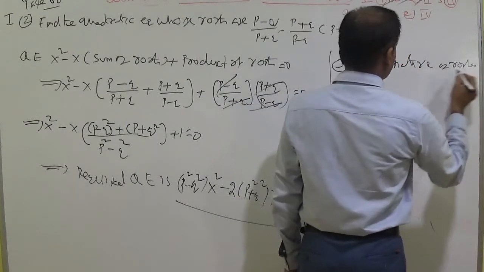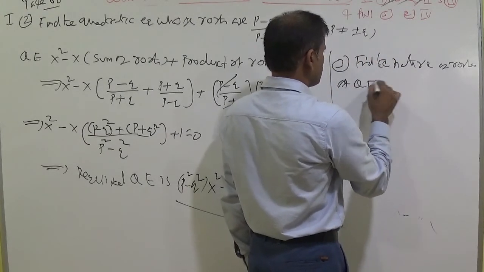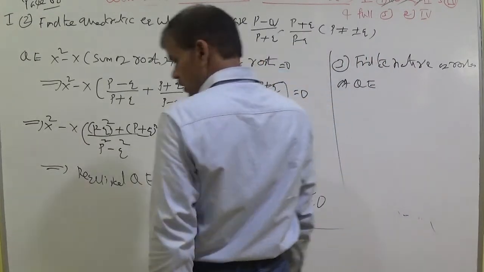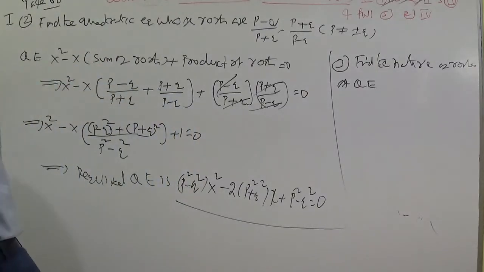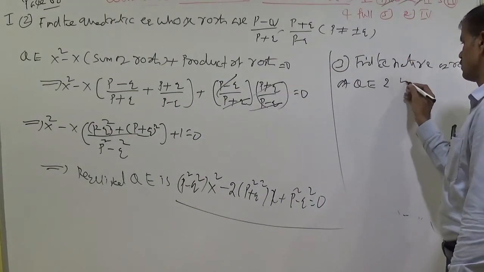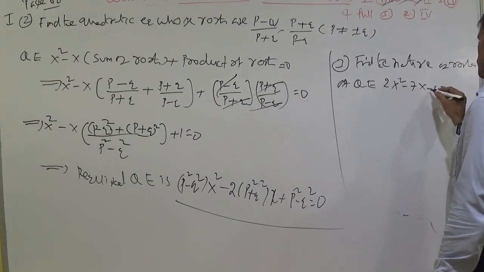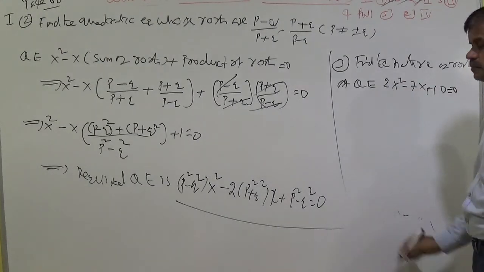Find the nature of roots of the quadratic equation 2x square minus 7x plus 10 equal to 0.